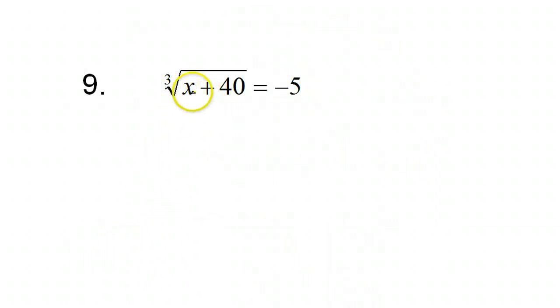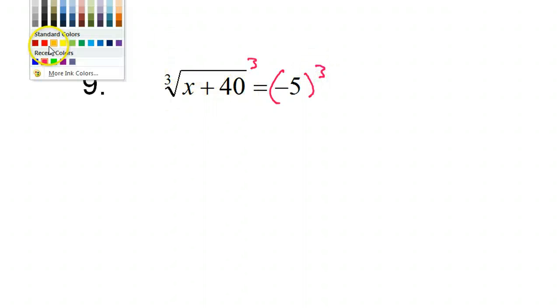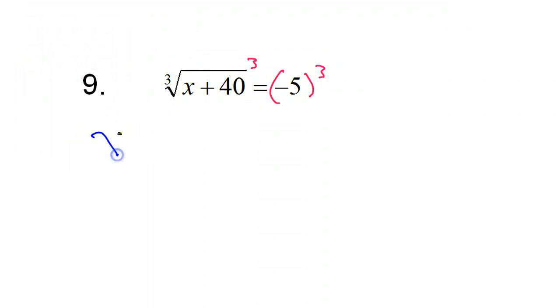Number 9. It's immediately time to cube both sides of the problem. So cube this, cube that. So that is going to make the radical go away. So I will have x plus 40 is equal to negative 125.